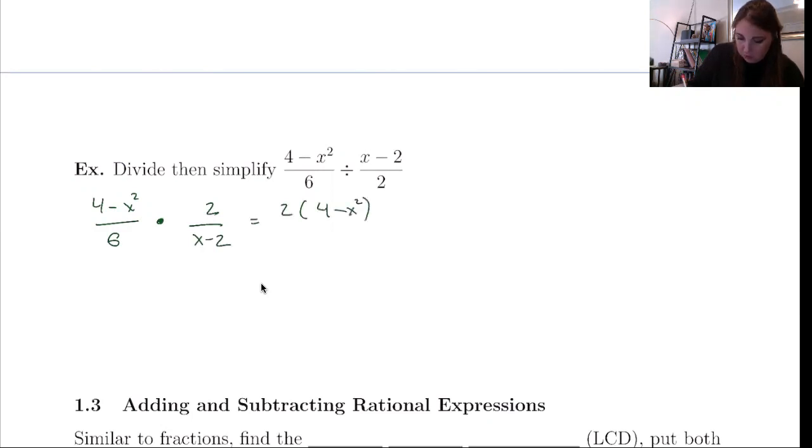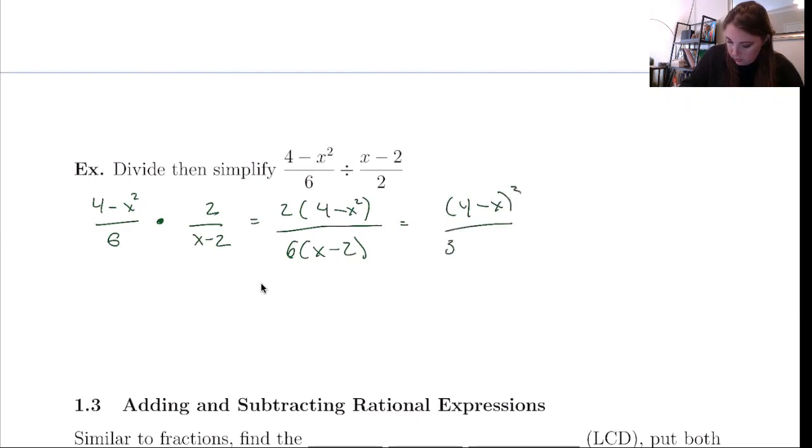I just put the 2 on the left rather than the right, just because that's how you write expressions. And then 6 times x minus 2. And then actually I can go ahead and 2 over 6 reduces to 1 over 3. So that leaves a 3 in the denominator.